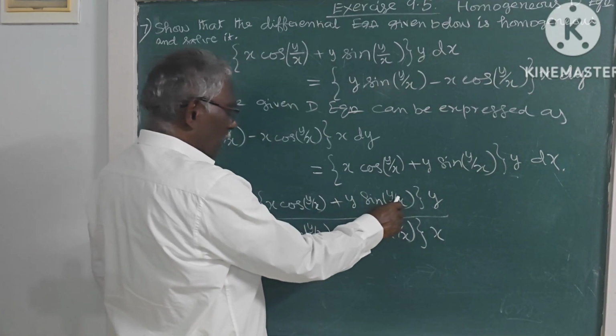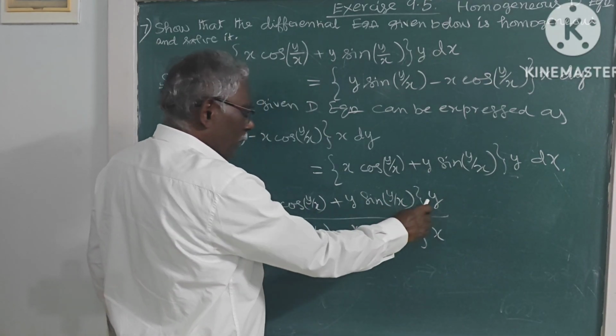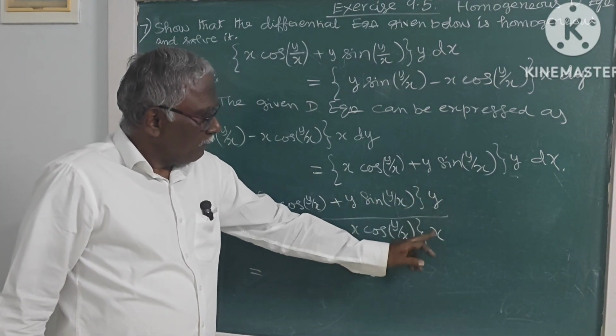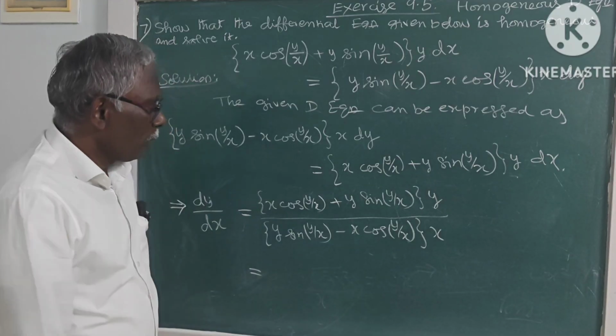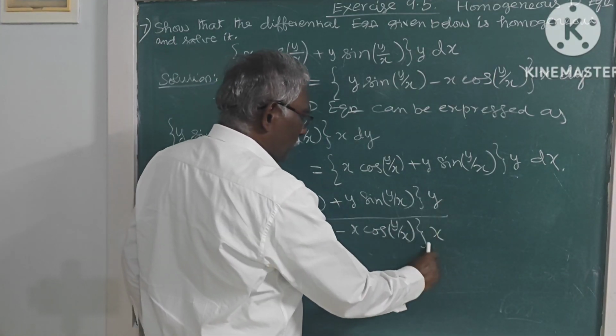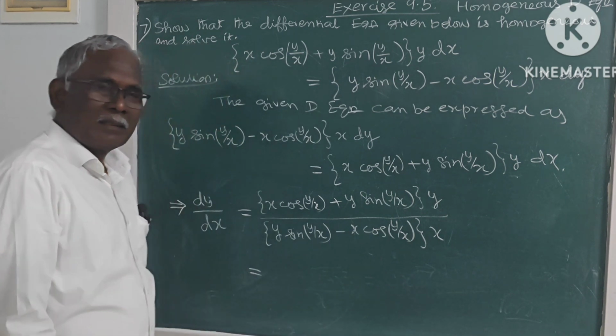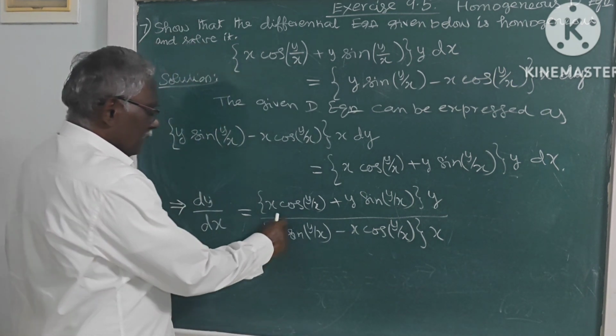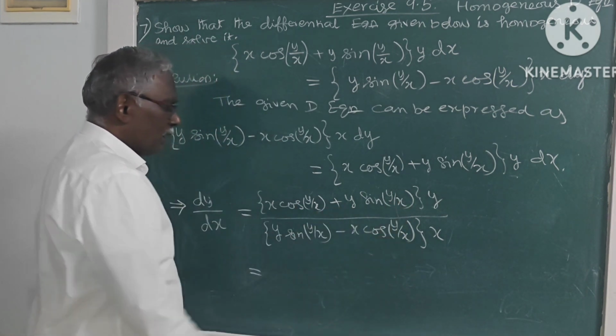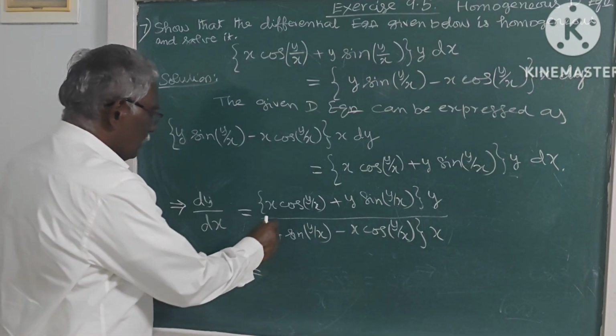We have to divide numerator and denominator by x. So what will come now?